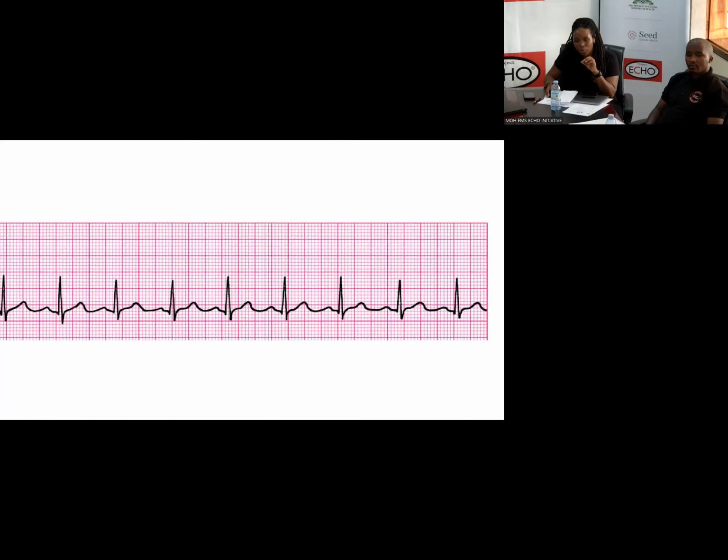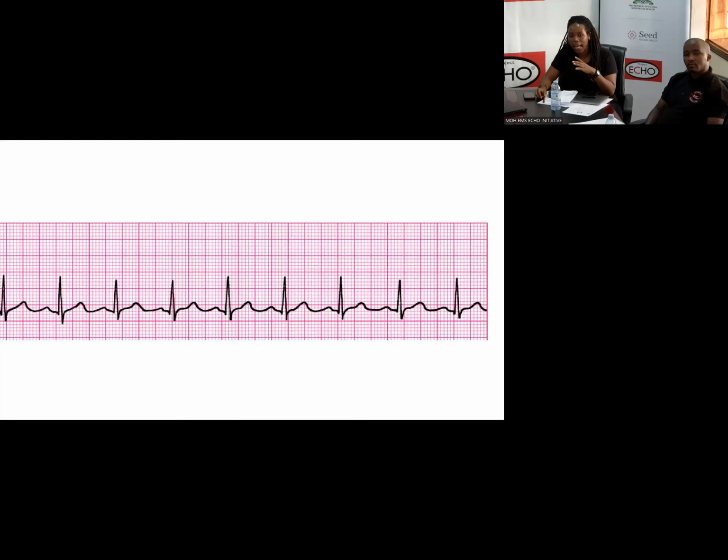On the x-axis we're looking at seconds, and on the y-axis we're looking at voltage. Each really small red box has an x-axis of 0.04 seconds or 40 milliseconds. And the big red box that they all sit in has an x-axis of 0.2 seconds or 200 milliseconds.